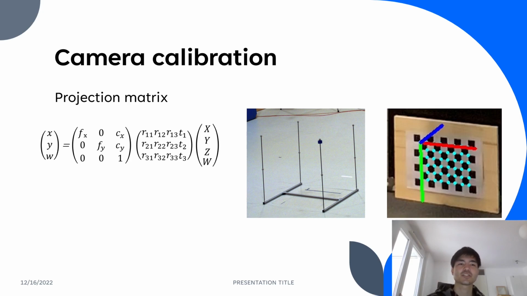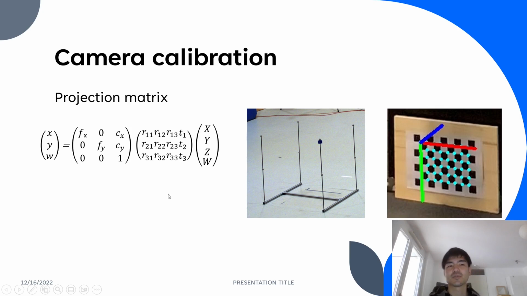So the projection matrix is basically the combination of camera intrinsics and extrinsics. And if you know the 2D points and 3D points, you can calculate the projection matrix.